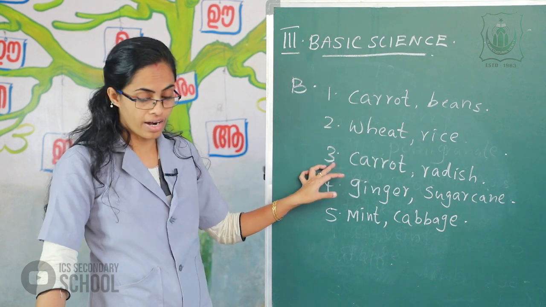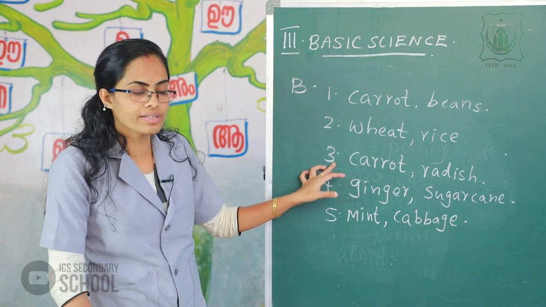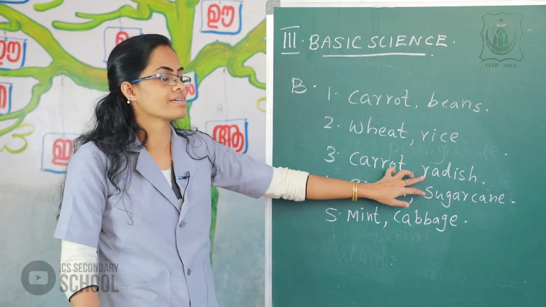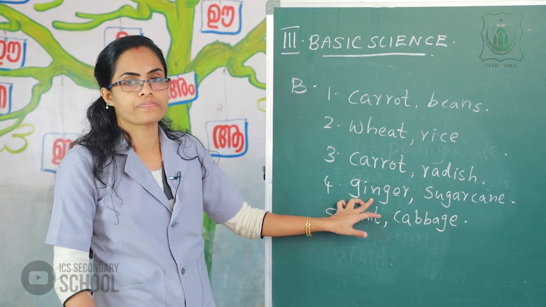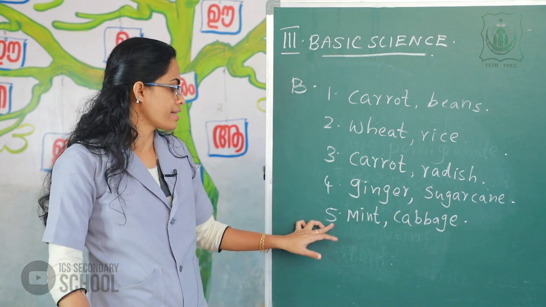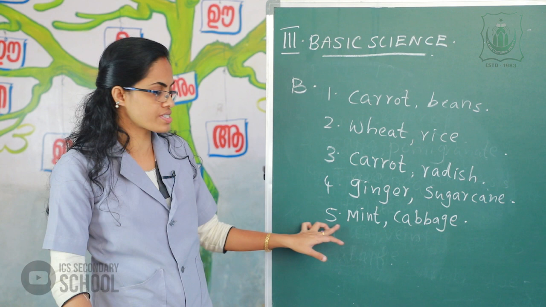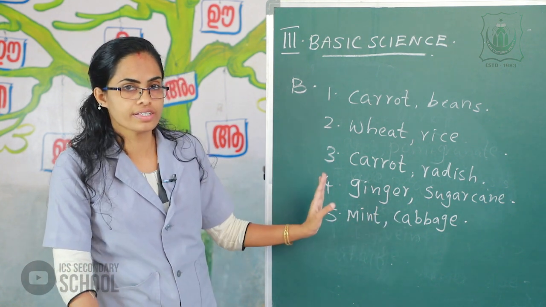Store food in their roots: carrot, radish. Store food in their stem: ginger, sugarcane. Store food in their leaves: mint, cabbage. All of you understand this?